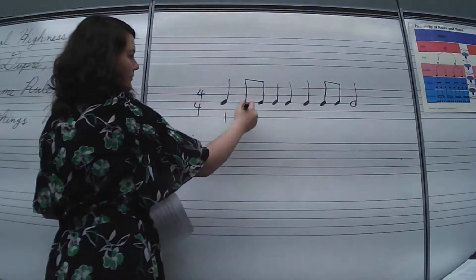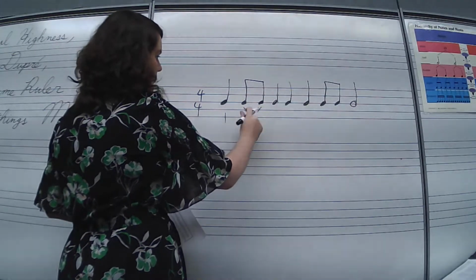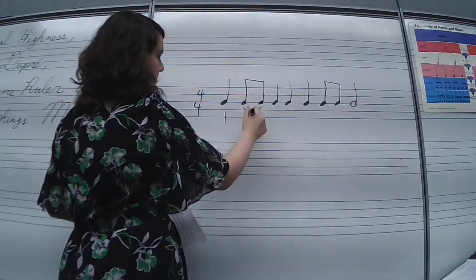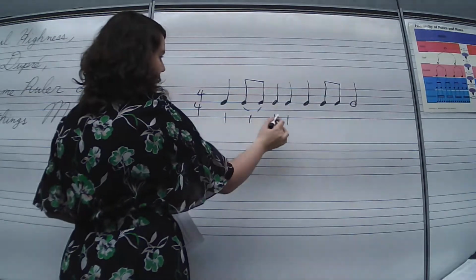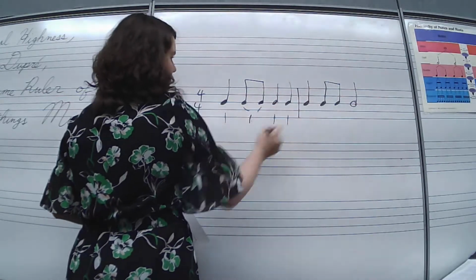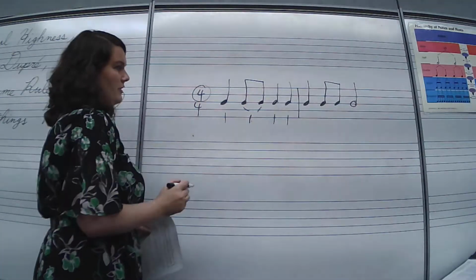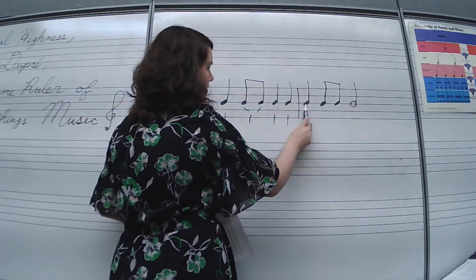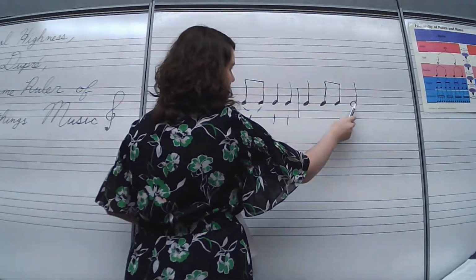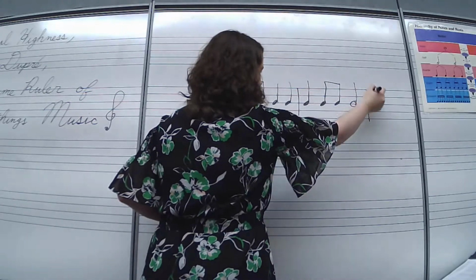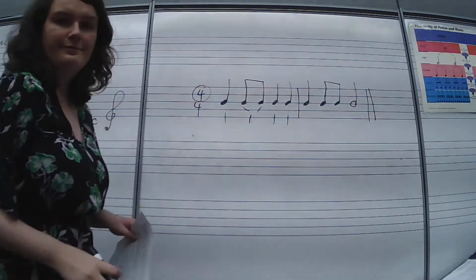Here's 1, here's 2, there's another 1 beat, and 1 and 1. 1, 2, 3, 4. There's your bar line, because we have 4 beats per measure. Let's double check here. There's 1, 2, 3, and 4. And then we got our double bar line at the end.